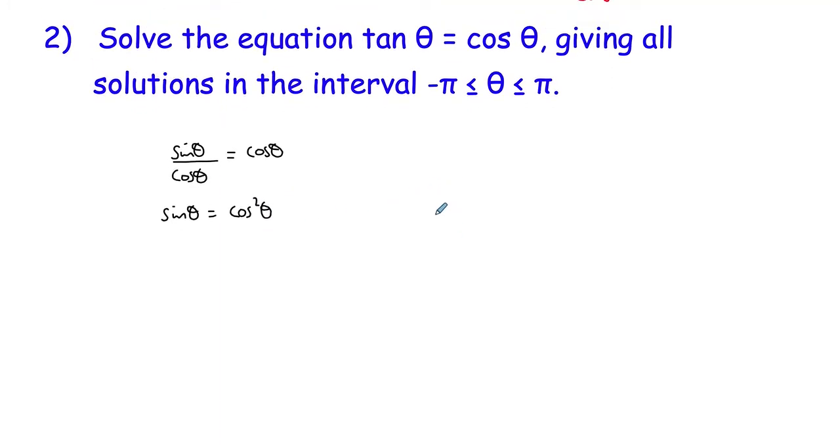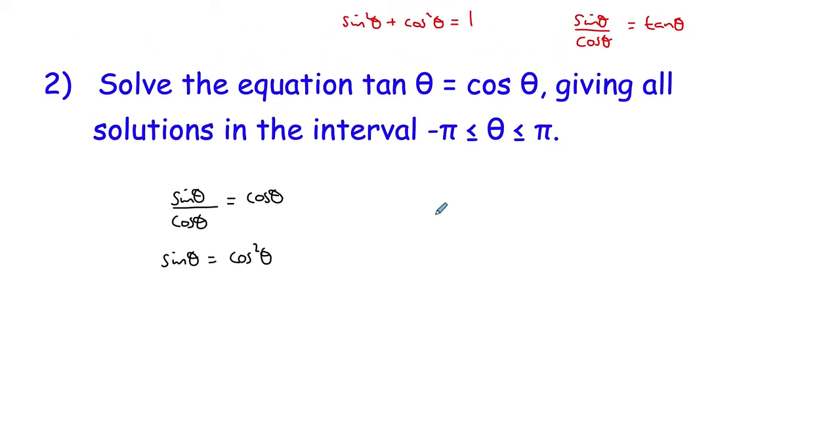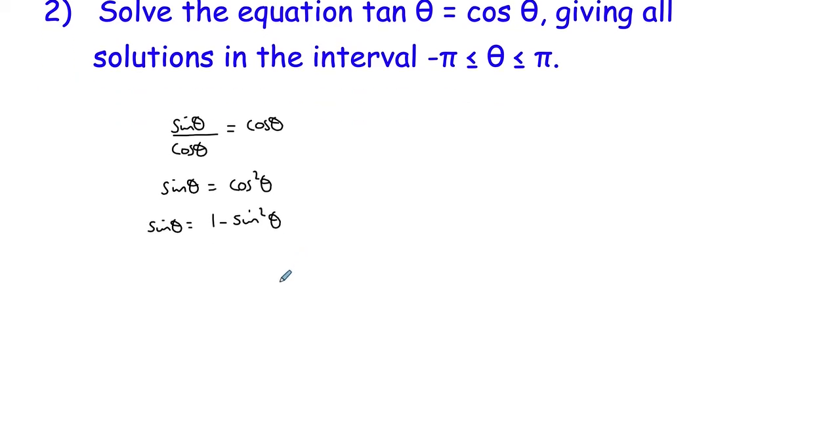We can really only solve trig equations if we've only got sines or cosines or tans, which we don't have here yet. But what we can do is say that cos squared theta is equal to 1 minus sine squared theta. So sine theta is equal to cos squared theta, but that's equal to 1 minus sine squared theta. And now I've just got sines.